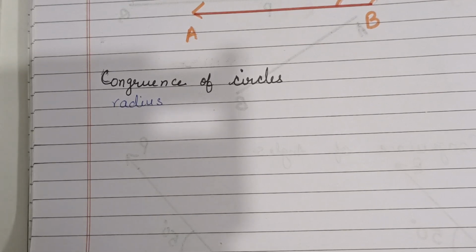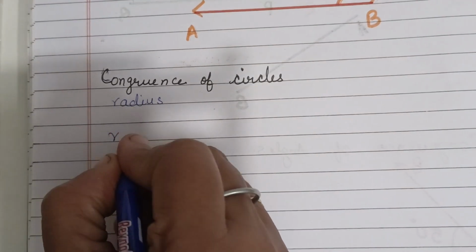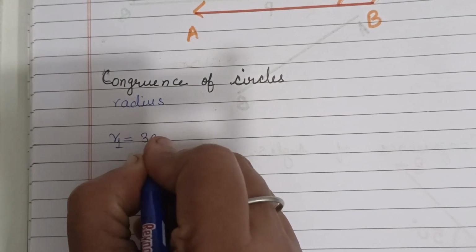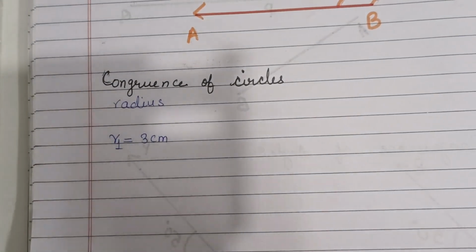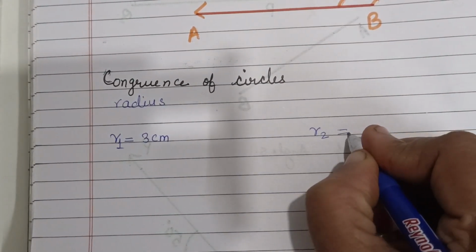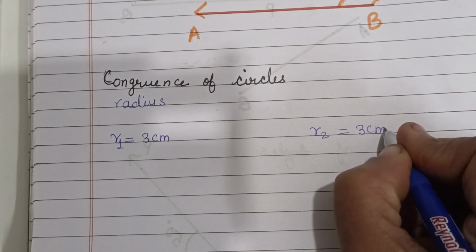Whenever I talk about circles, I need to check their center as well as the radius. For example, suppose I have taken the radius of the first circle as 3 centimeters. To make another congruent circle, I need to take the radius of the other circle also 3 centimeters.